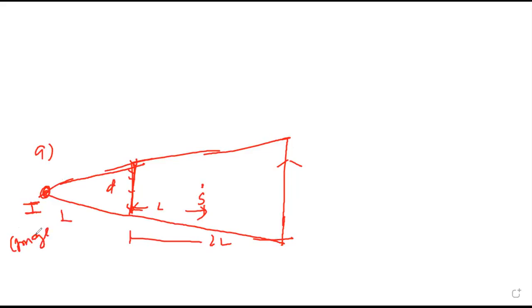In a plane mirror, object and image are at the same distance. So if this is L, even this will be L. If I extend this, the total distance is 2L. Can you see this is nothing but similar triangles?